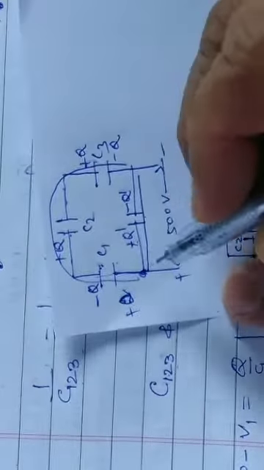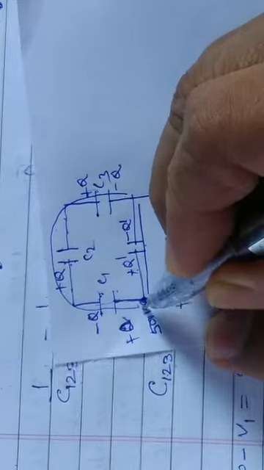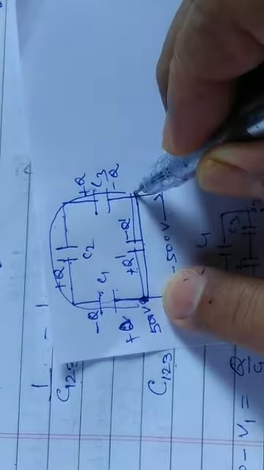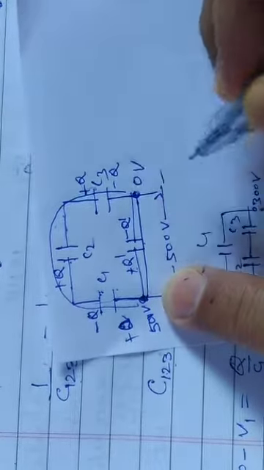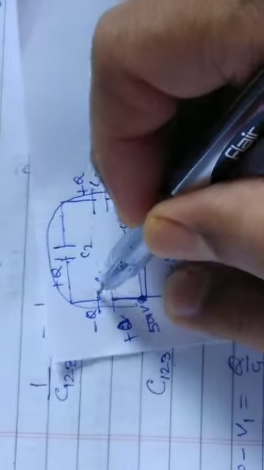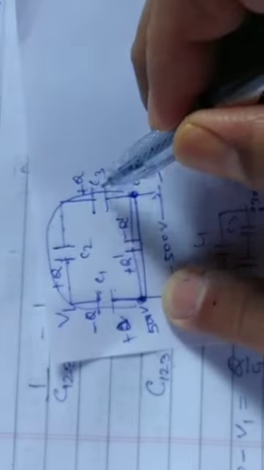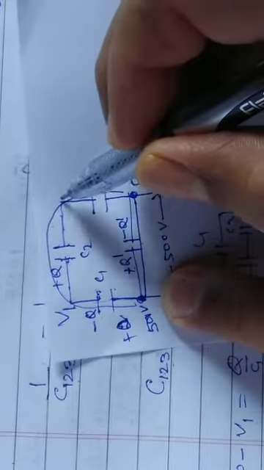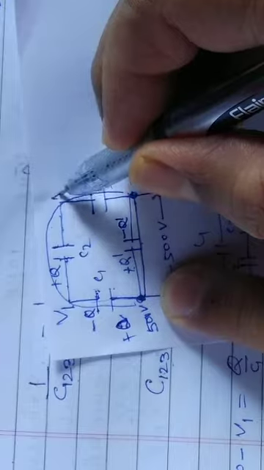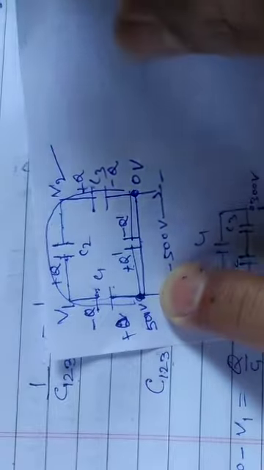Now if we take this end to be at 500 volt and this end at 0 volt, these two plates form an isolated system, so they will have a common potential. Let it be V1. This plate and this plate form an isolated system. Their potential will be common. Let it be V2.